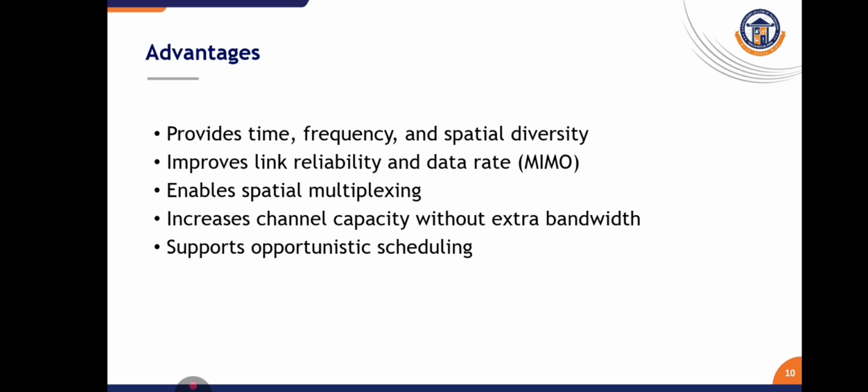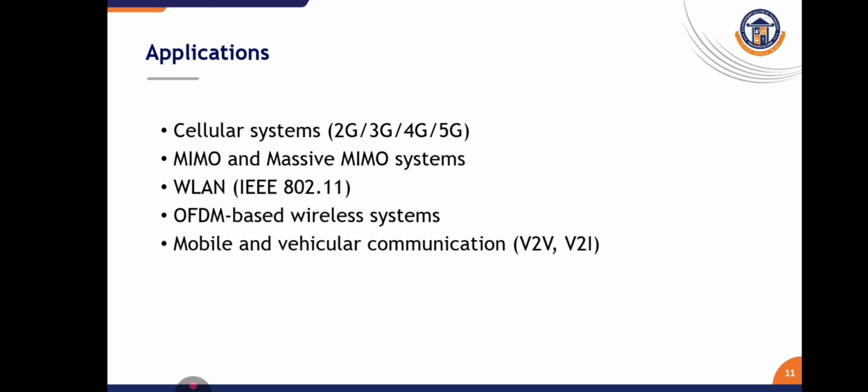In spatial multiplexing, independent fading paths allow simultaneous transmission of multiple data streams, increasing channel capacity without any additional bandwidth, and supports opportunistic scheduling.